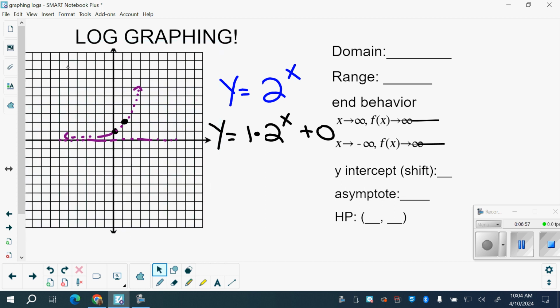Okay, so here's what we're going to do. We're going to flip everything over. So what I mean by that, I'm going to do it in blue. If this is 0, 1, then my new point is 1, 0. Does that make sense? And if my point here was 1, comma 2, my new point is 2, comma 1.